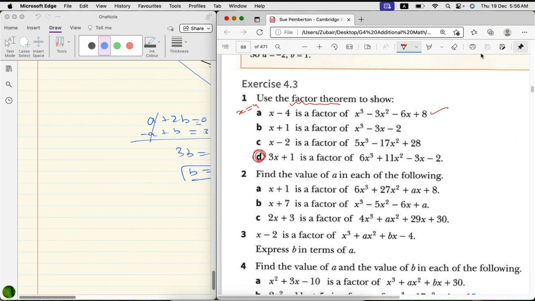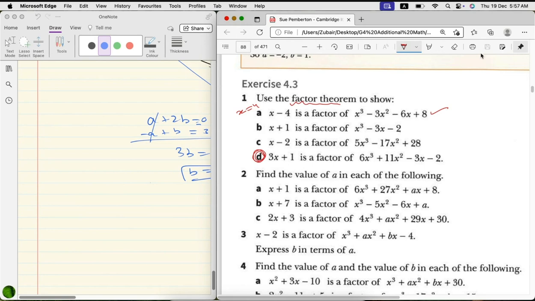Are you getting it? I'm writing it out. Yes, 0.